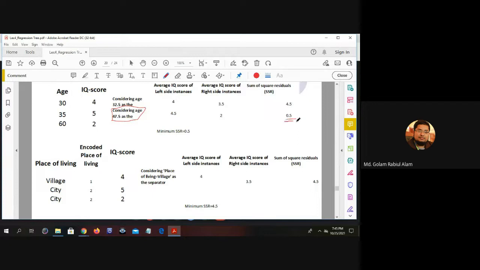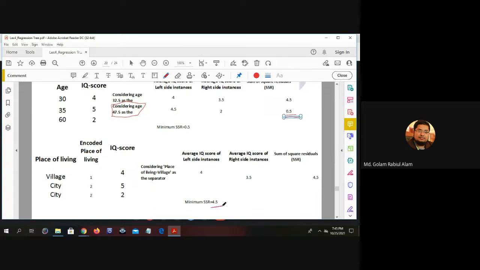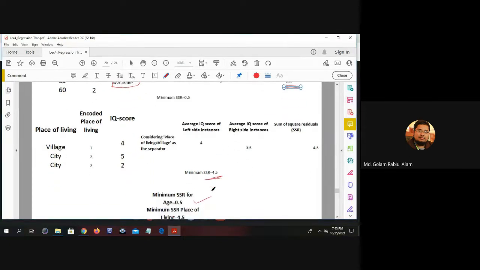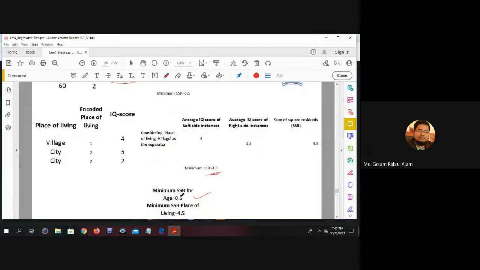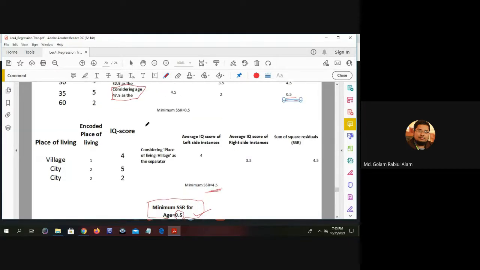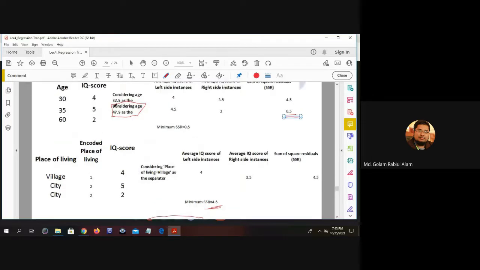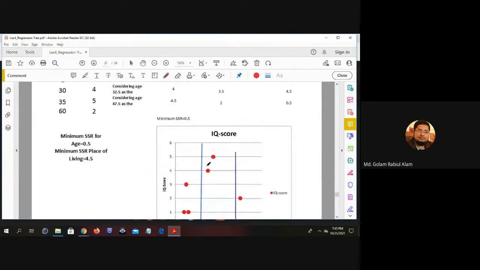So that means 0.5 and 4.5. We can easily see that the minimum sum of square residuals, and the separator will be 47.5.